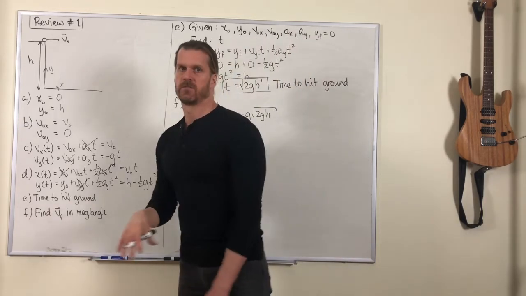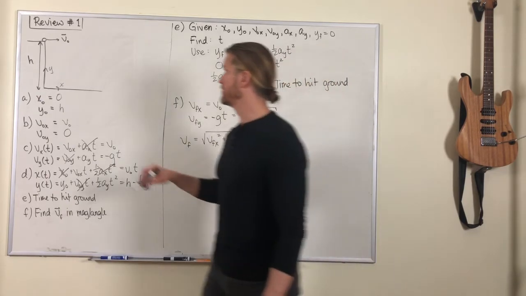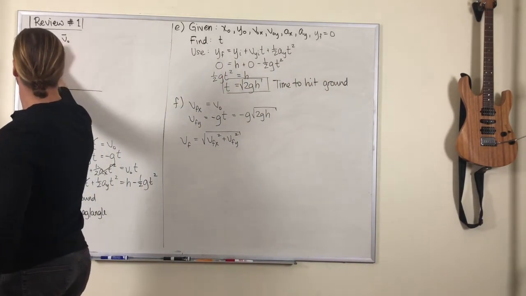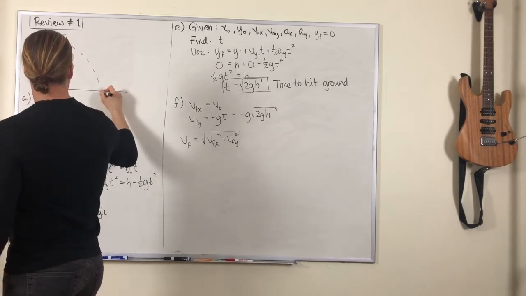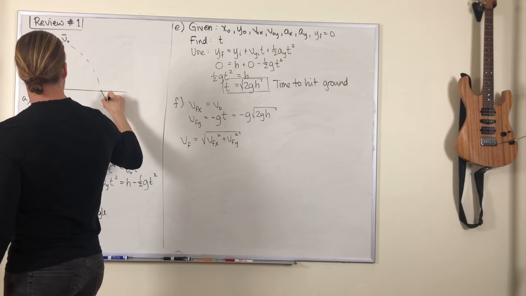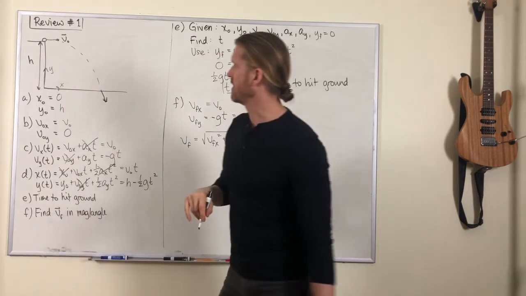And the angle, well, let's draw a picture so we know what we're talking about with this angle. Here's a stone, it falls down, and by the time it hits the ground, its velocity vector is something like that.